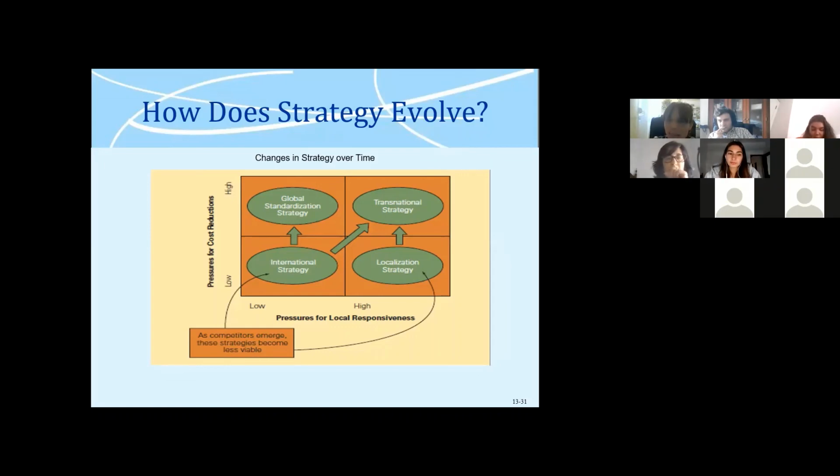If managers in this case do not take proactive steps to reduce their firm's cost structure, it will be rapidly outflanked by efficient global competitors. The message in this story is that an international strategy may not be viable in the long term. For this reason, to survive, firms need to shift toward a global standardization strategy or a transnational strategy in advance of competitors. The same can be said about a localization strategy.